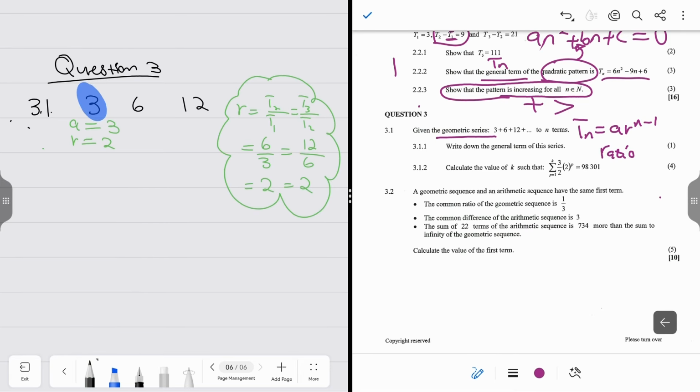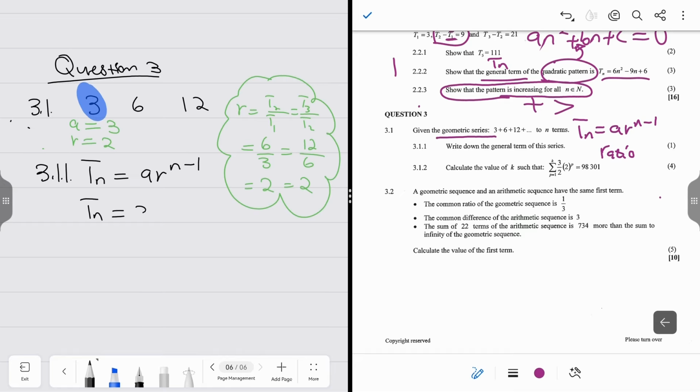So let's go to the question. In 3.1.1, what they want us to do is to write down the general term of this series. Remember I said that we are looking at Tn equals a multiplied by r to the power n minus 1. Already we have our a and r, so we just simply substitute them here.